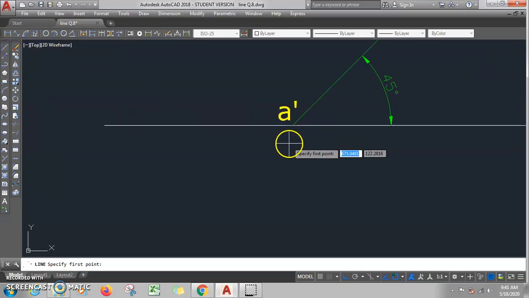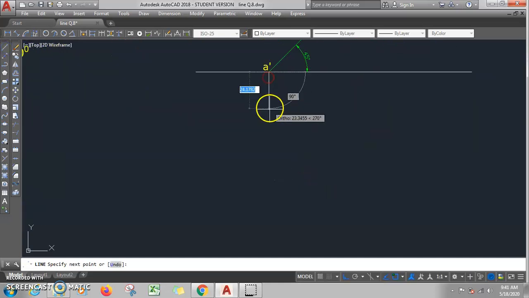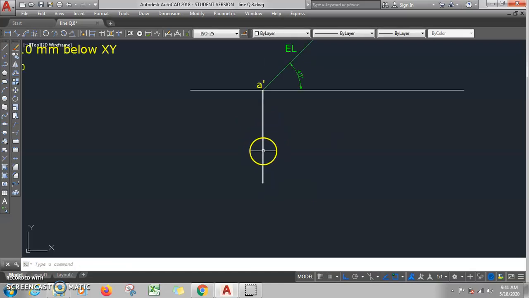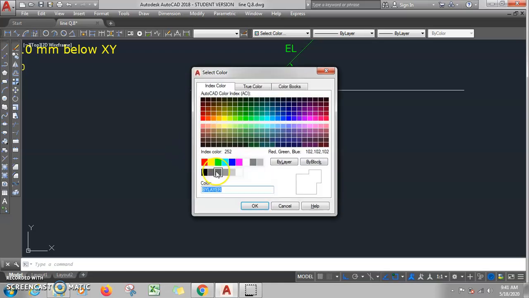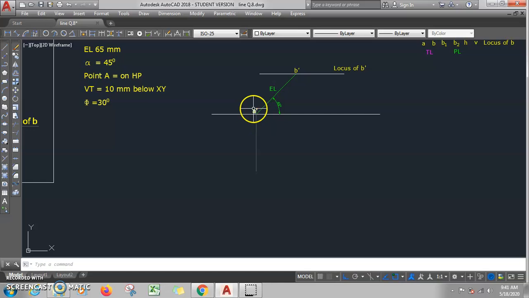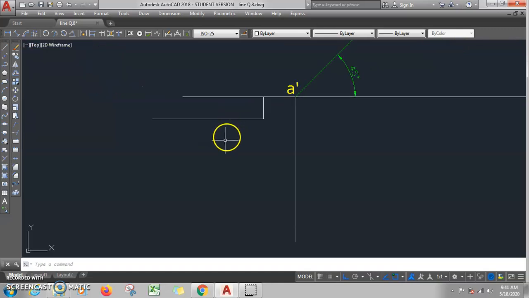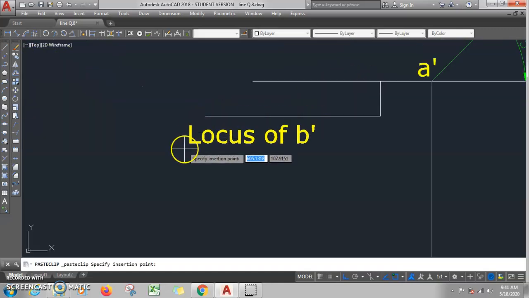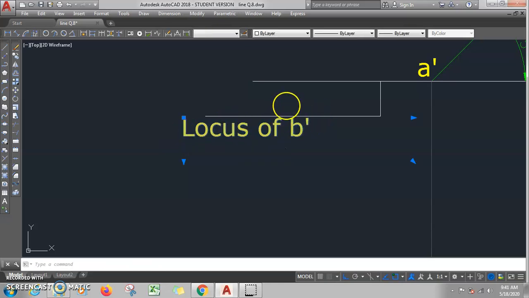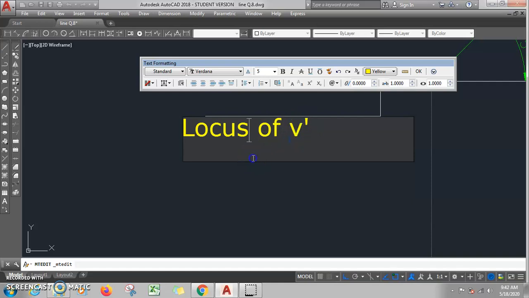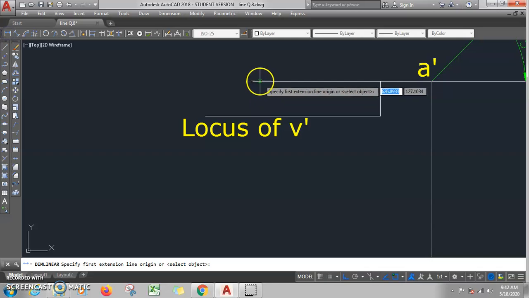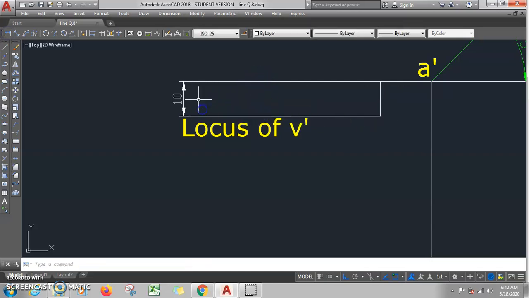So from A dash let me draw one vertical line, a long simple line. I will show this by projector color, a faint color. Now VT is 10 mm below XY, so from here I will measure a vertical distance of 10 and draw a horizontal line. This line is nothing but the locus of point V dash. If you measure this distance, you can see it is equal to 10 mm. This is the locus of V dash.